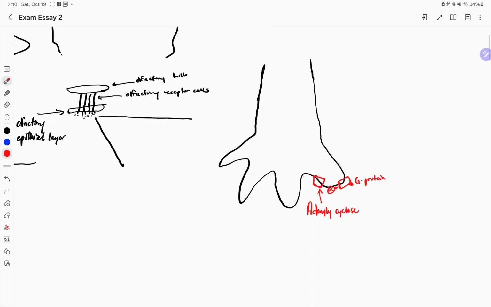When adenylyl cyclase is activated, that causes an increase of cyclic AMP inside this neuron cell.